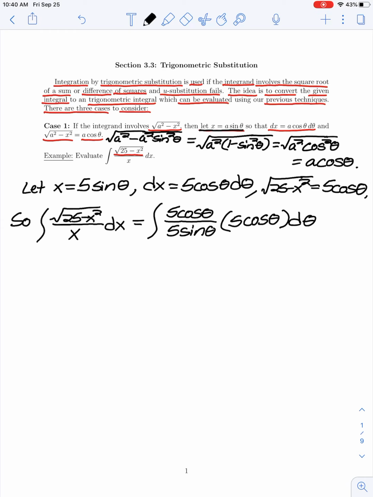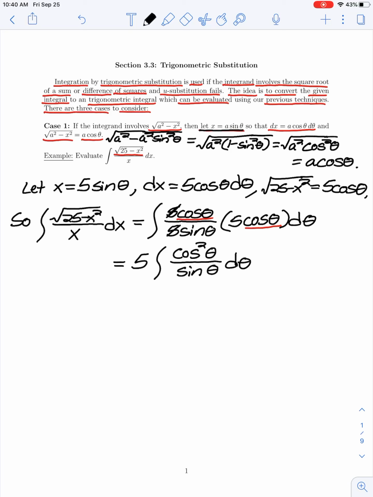So let's simplify a little bit here. We can cancel one factor of 5 in the numerator and denominator, and I would be left with a constant of 5, which I can bring out in front of the integral. And then I have a cosine of theta times cosine of theta, or cosine squared theta, divided by sine theta d theta.